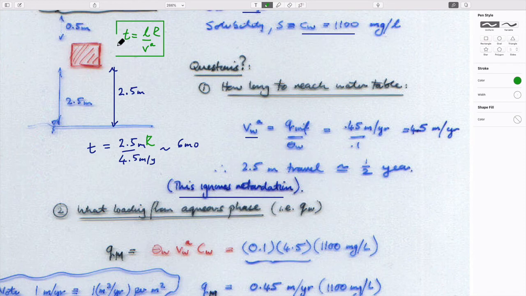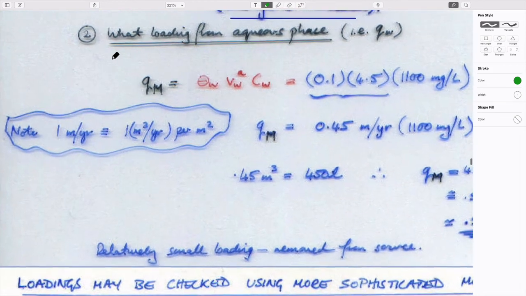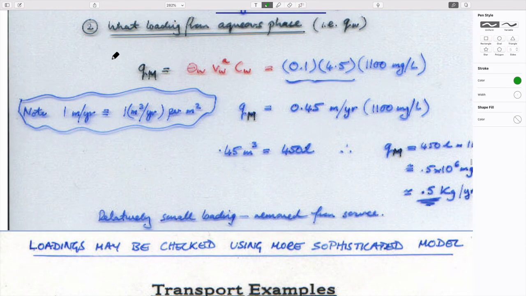And so the other thing we might be interested to calculate is the mass loading by being carried in the aqueous phase. And so again, we can do that. It's just the product of the advective velocity multiplied by the volumetric moisture content. Advective velocity was 4.5 meters per year. The volumetric moisture content is 0.1. This number together is actually equal to Q infiltration, which is also equal to 0.45 meters a year.